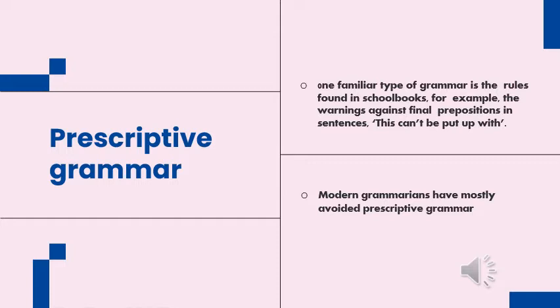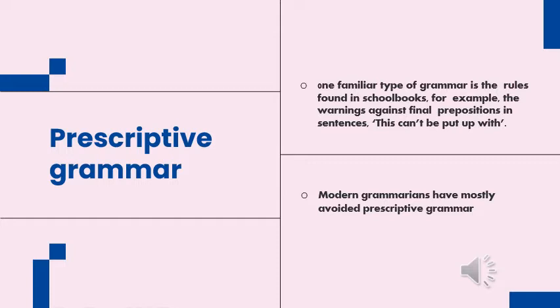It is one familiar type of grammar where the rules are found in school books. For example, the warnings against final prepositions in sentences, this can be put up with, or the diatribes in letters to the newspaper about split infinitives, such as the Star Trek motto, to boldly go where no one has gone before.